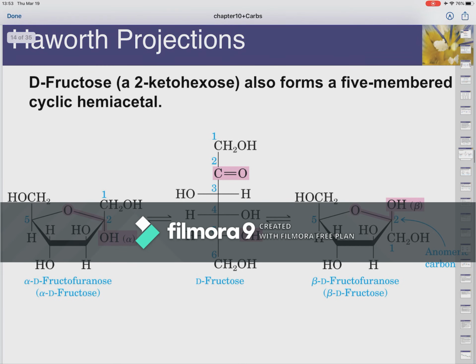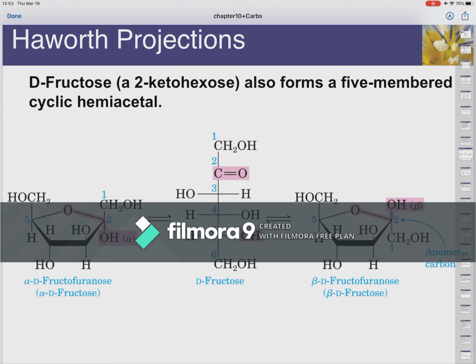Now, there are also 6-membered carbon sugars that form furanoses. We will look at some aldohexoses that form pyranose rings, but there is also the ability to form some 5-membered rings with our D-fructose as an example, which is a 2-ketohexose.